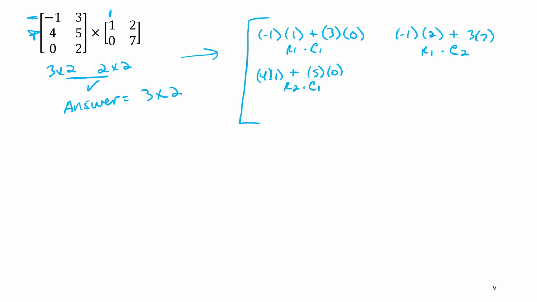Then we're going to do row 2 times column 2. So 4 times 2 plus 5 times 7. So row 2 times column 2. Then now we're going to look at row 3, excuse me. So we're going to go 0 times 1 plus 2 times 0.